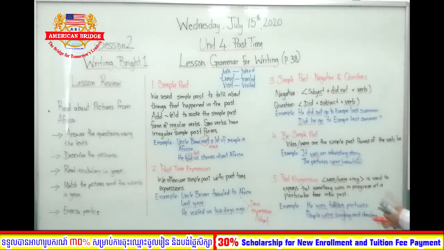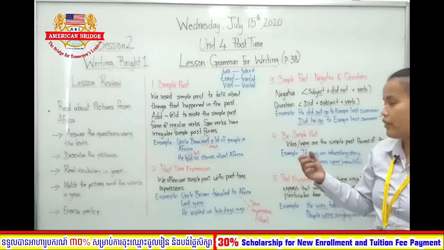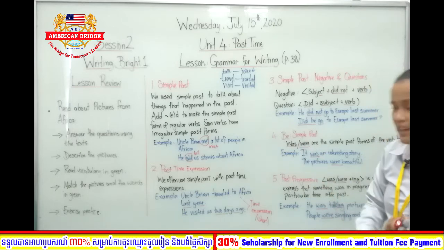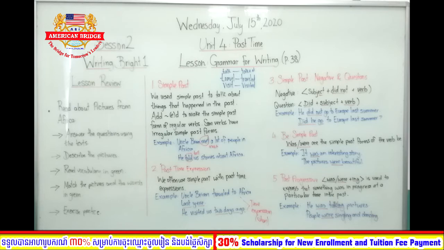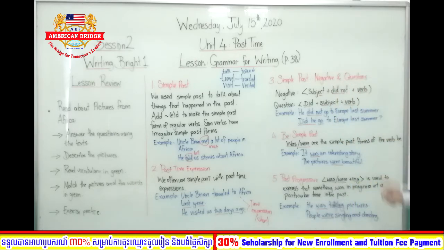So with this simple past grammar, it's very, very easy. So basically just put everything in the past. You convert the verb into the past by adding ed, or give a specific time expression, or use it as a past progressive with was, were, by adding ing. Talk becomes talking, was talking, were singing and dancing.